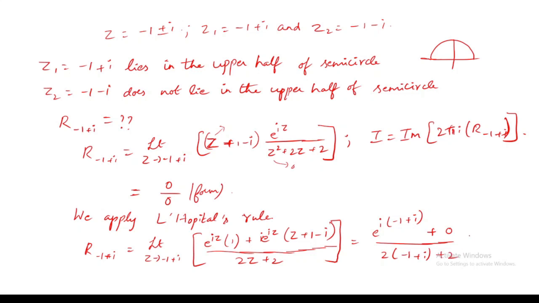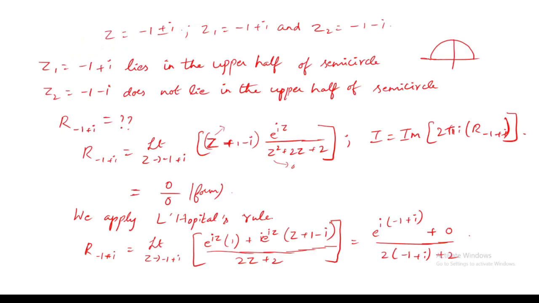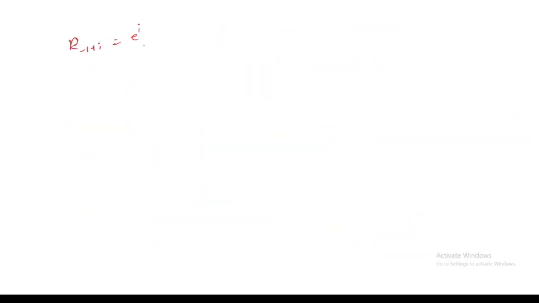Again, I am rewriting our residue at minus 1 plus i as e power i into (minus 1 plus i) divided by 2 into (minus 1 plus i) plus 2.